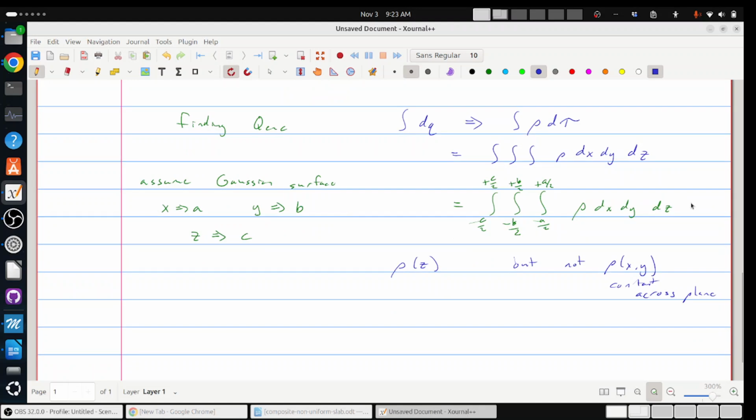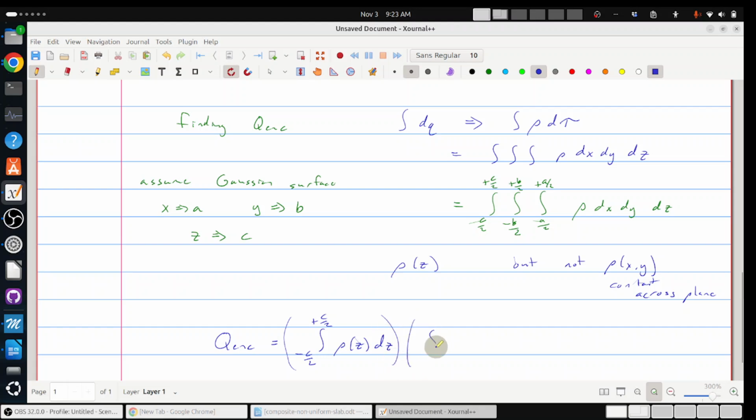Well, that means we can get our Q enclosed here, and it's separable. I've got the integral minus c over 2 to plus c over 2, some rho which could vary with respect to z, dz.